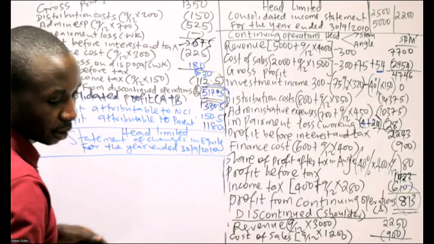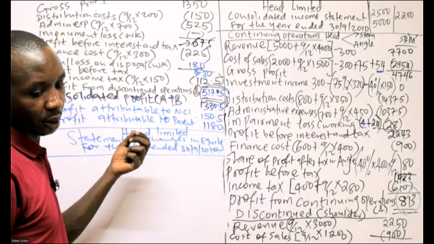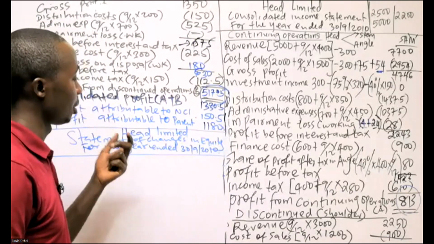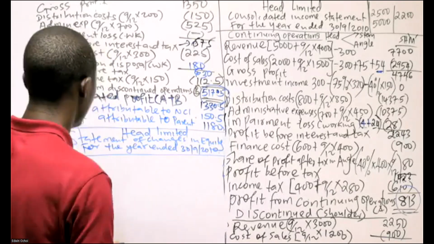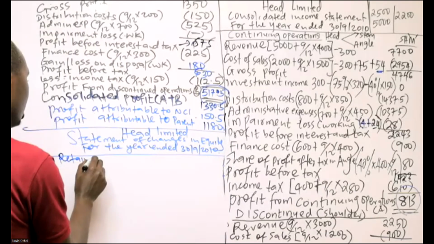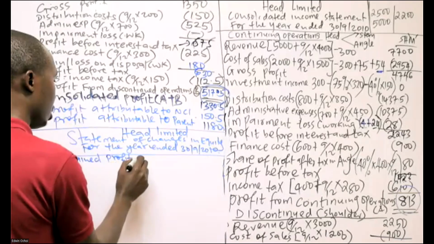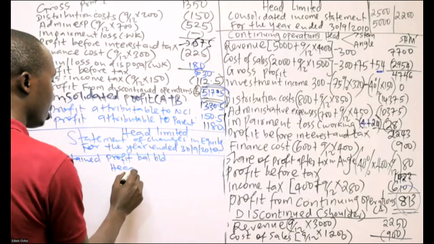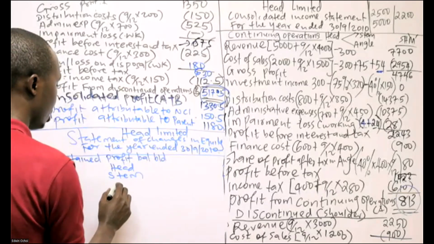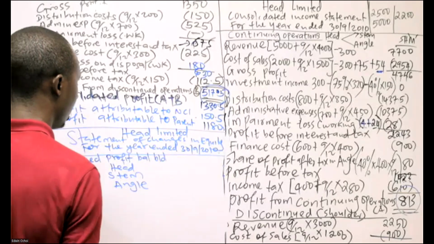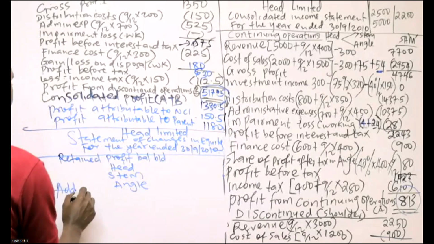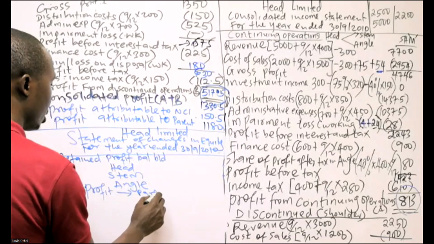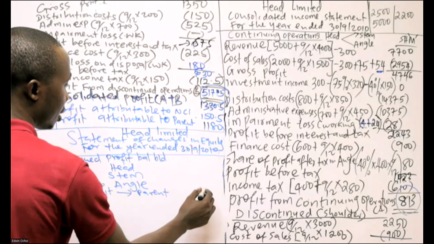So for the statement of changes in equity, I will consider mostly the retained earnings. So it's all about the retained earnings, the profits, which would be considered. So I will say retained profit balance brought down. So I will say head, stem, anchor. Then I add the profit, the one which is attributable to parent. This one, 1180.